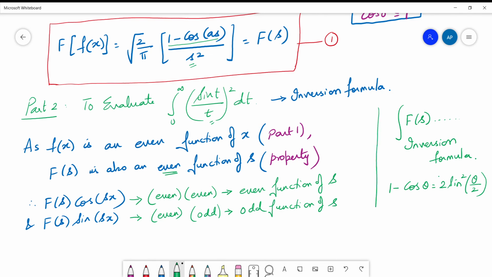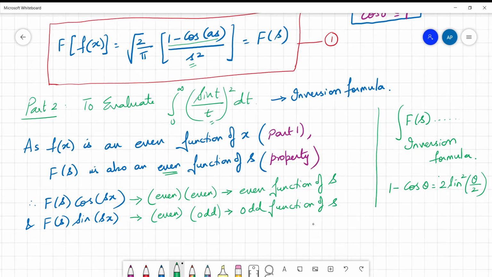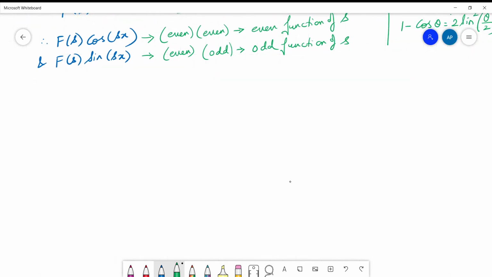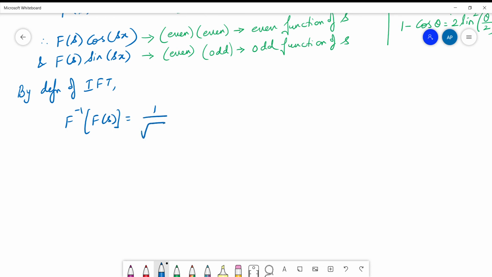Now we shall write down the definition of inverse Fourier transform and then write down the two to check the nature and decide which integral continues. So by definition of inverse Fourier transform, Fourier inverse of f of s is equal to 1 by root 2 pi integral minus infinity to infinity f of s, and the kernel, if you rightly remember, is e power minus isx.